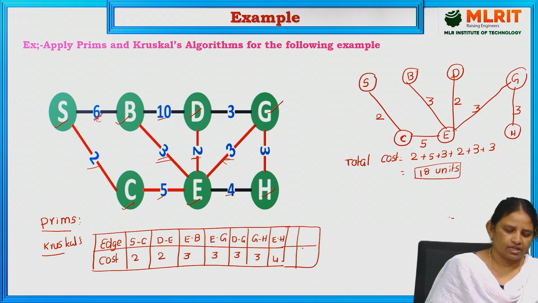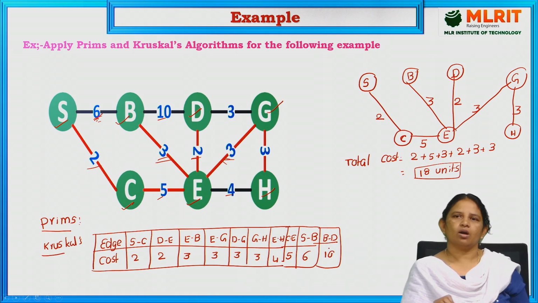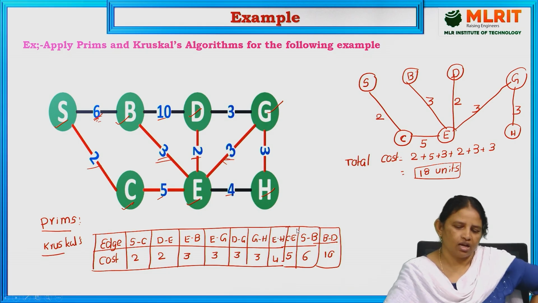After 4, the next highest value is C to E, cost is 5, S to B, cost is 6, B to D, cost is 10. So we have to draw the edges which have the least cost.